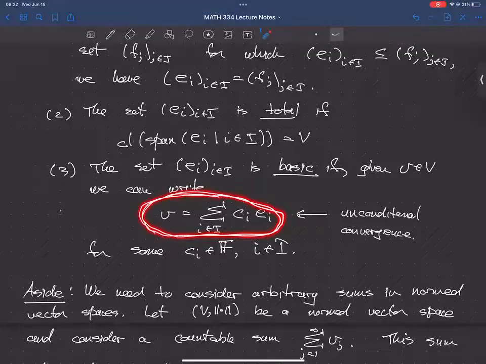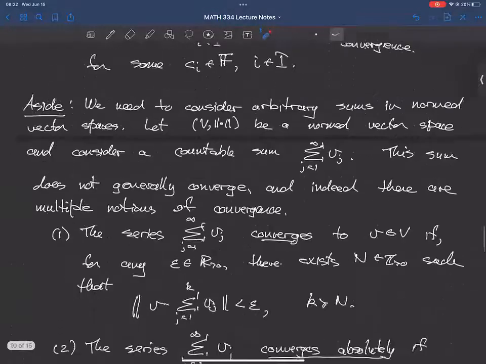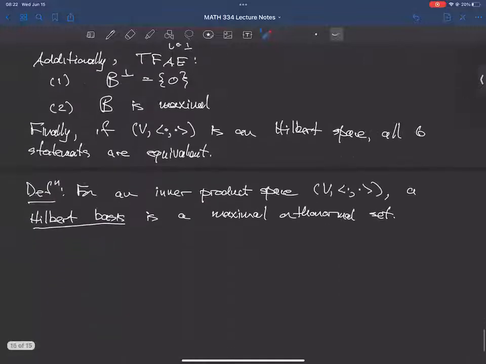And this is the big difference between Hilbert bases and ordinary bases: in an ordinary basis, when you write a vector as a linear combination of the basis elements, that linear combination is finite. That's the definition of a basis. But for a Hilbert basis, this sum is not finite. So you need to talk about convergence, and so you need all the structure of a norm, which comes from the inner product, to be able to make sense of that.